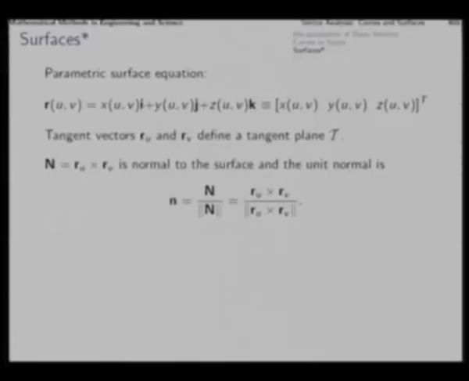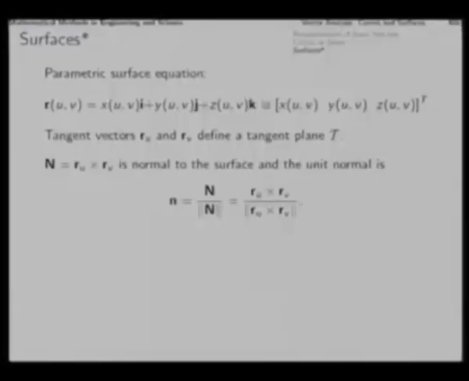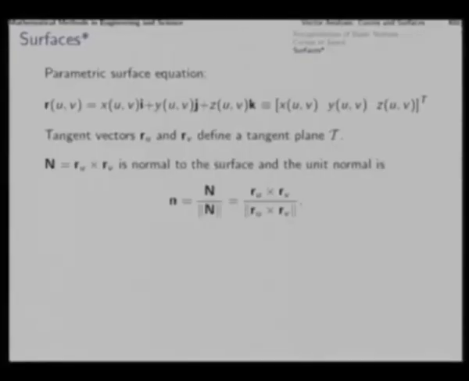Now, if the parameterization is not degenerate at that particular point, then r_u and r_v are linearly independent. There may be some points where the two parametric tangent vectors turn out to be in the same direction, and that will be a degenerate point for this particular parameterization.